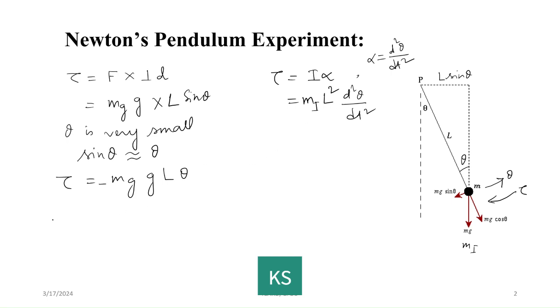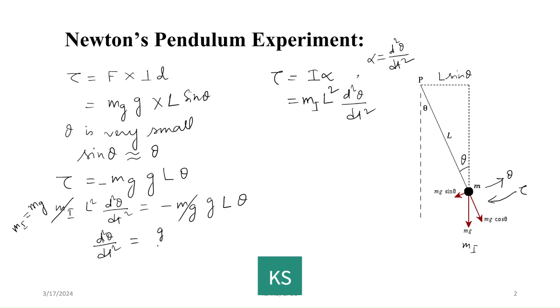Now if we compare them, then we will have mi L square d2 theta by dt2 equals minus mg g L theta. Now if we cancel mi and mg, considering that mi equals mg, inertial mass equals gravitational mass, then d2 theta by dt2 is minus g by L theta.